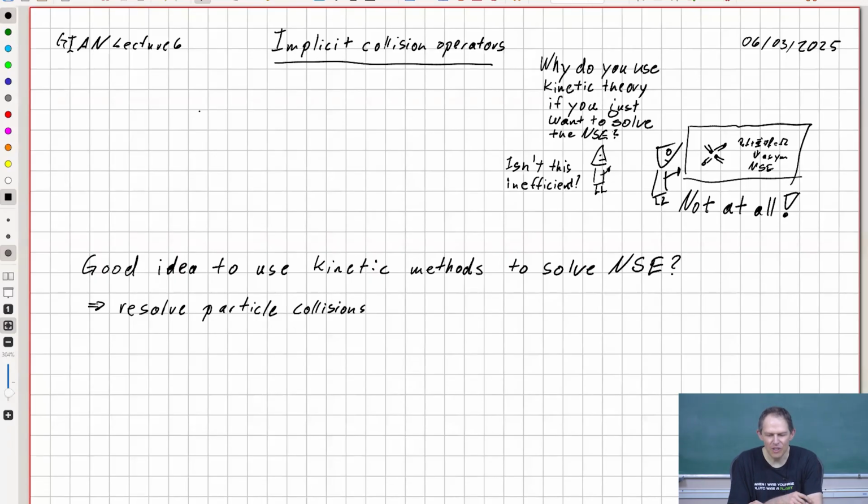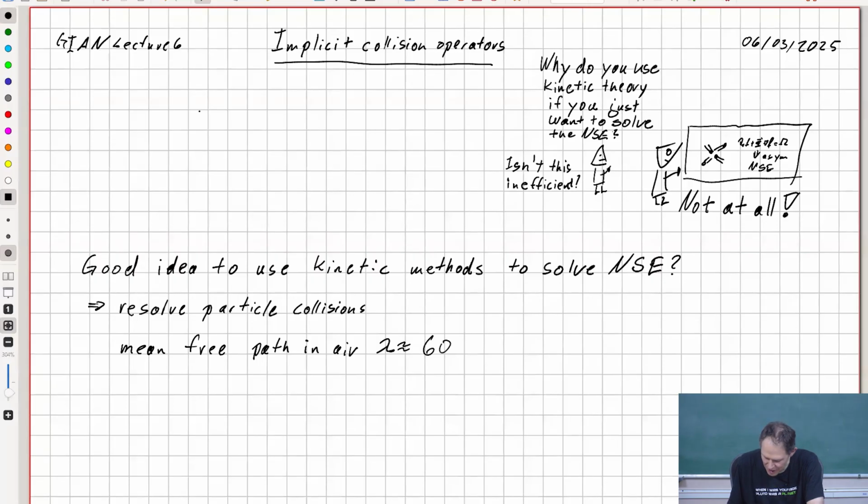So you have to resolve particle collisions. This means that you have to resolve mean-free time and potentially mean-free space. So the mean-free path in air, as we said, of course depends on pressure. On your big mountains here in India, it will be almost 4 times longer than down here at sea level.